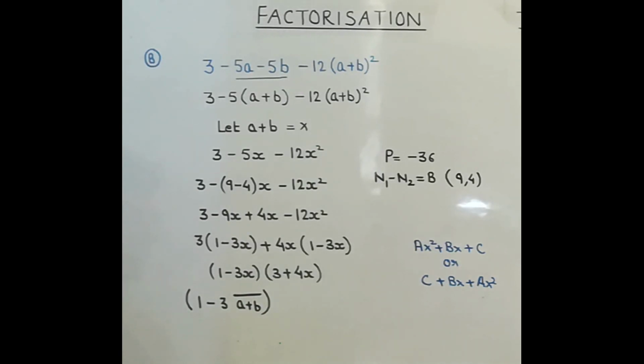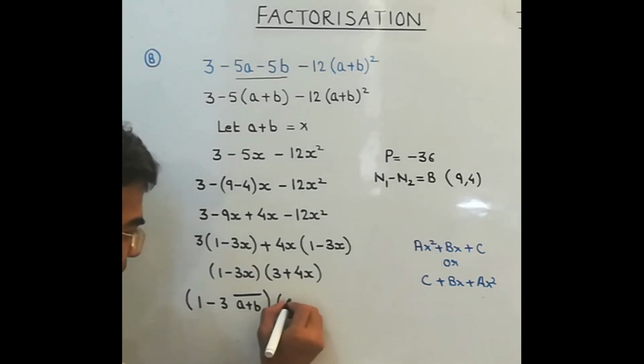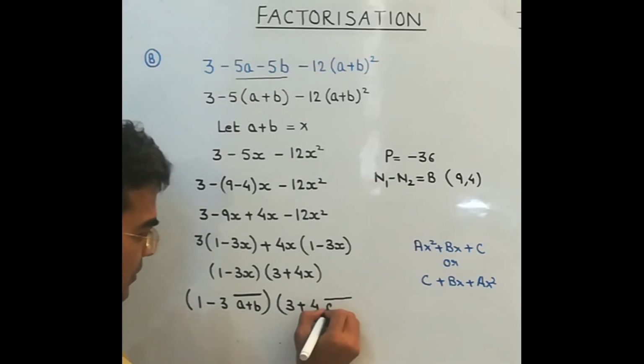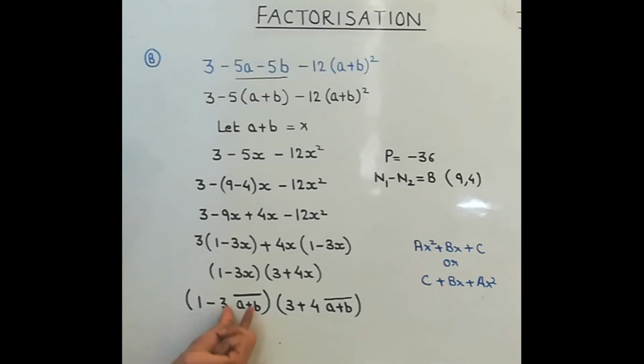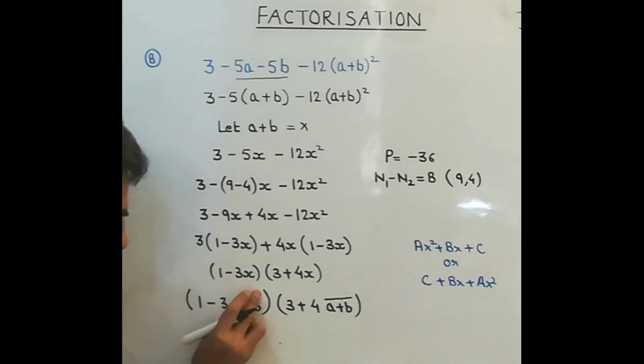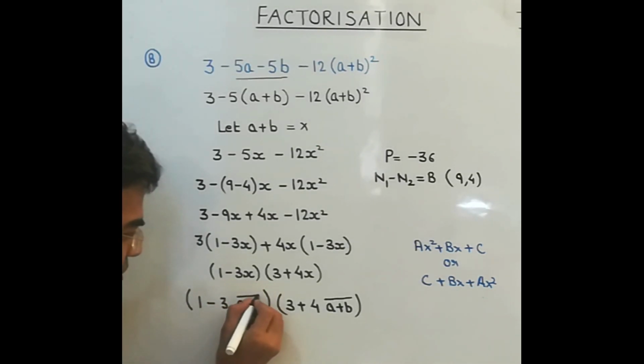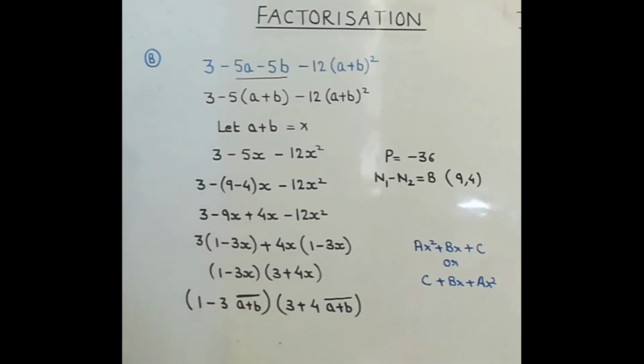Hope this is clear to you. Then in the second bracket 3 plus 4 times in place of x a plus b. See here I have used the bar bracket because whenever substitution is to be done, you substitute within the bracket like this. Now you open the bracket.